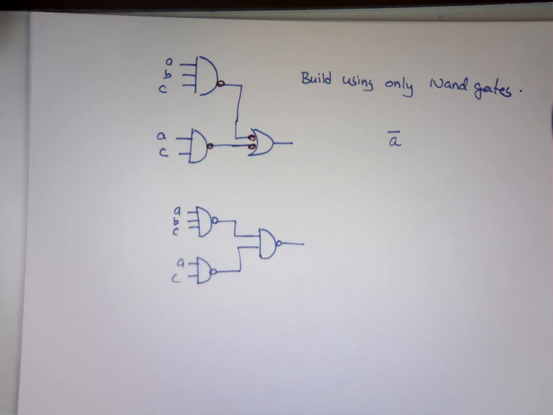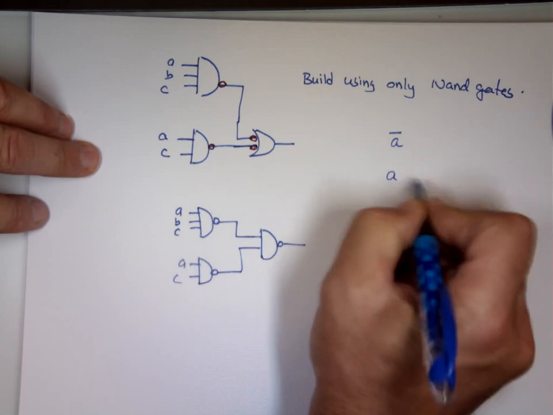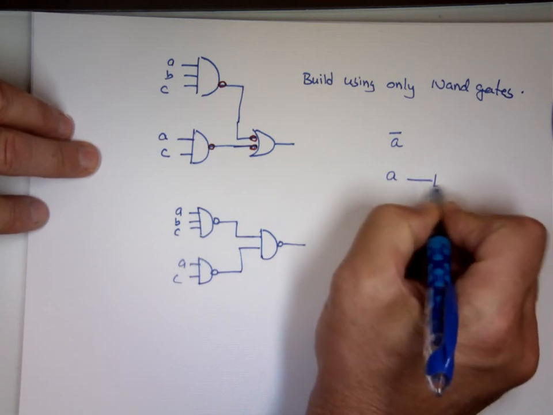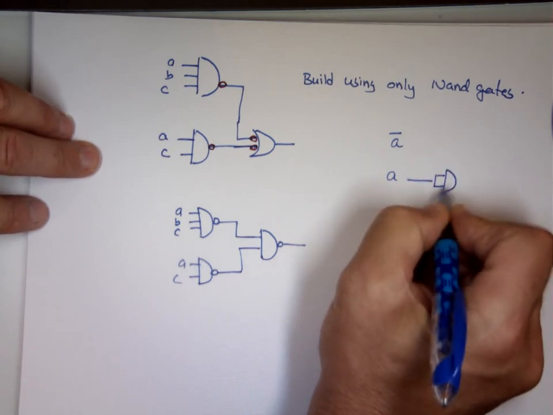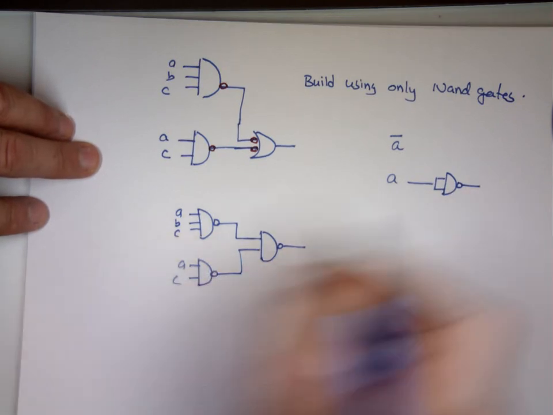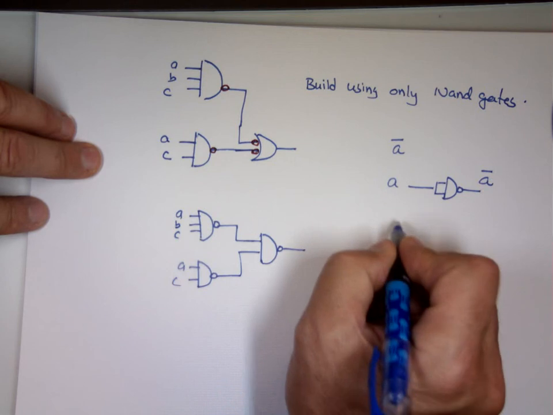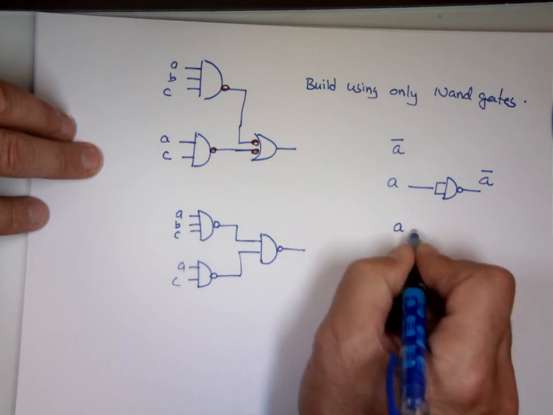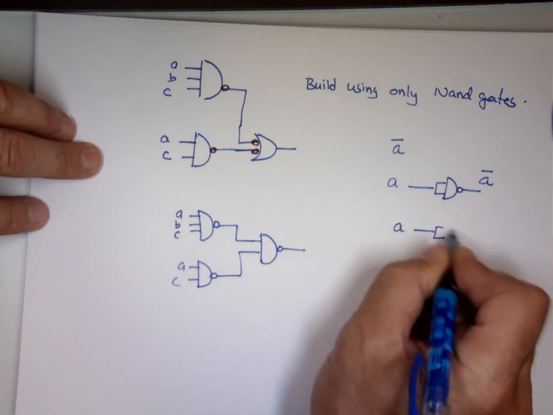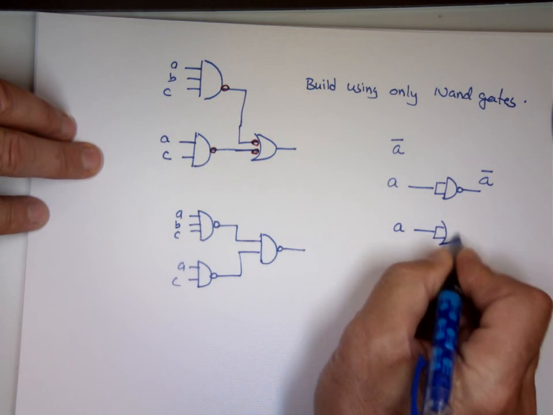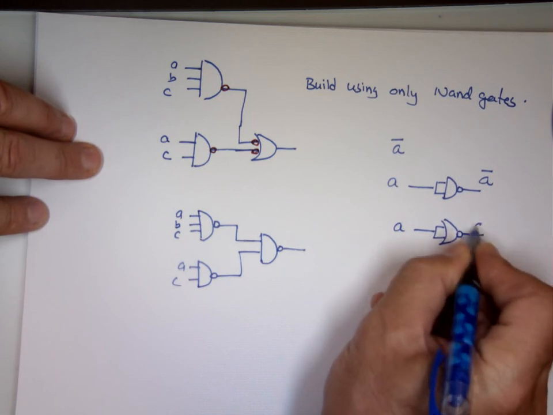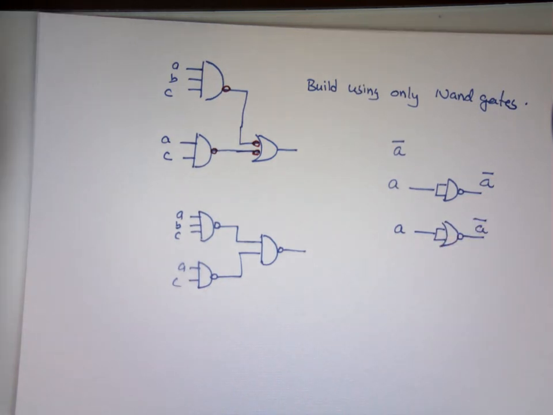Sure, you take the A and you feed it to both inputs of that NAND gate, and that's A NOT. Or if you have an OR gate and you want to get a NOT gate out of a NOR gate, so you can make a NOT gate out of them too.